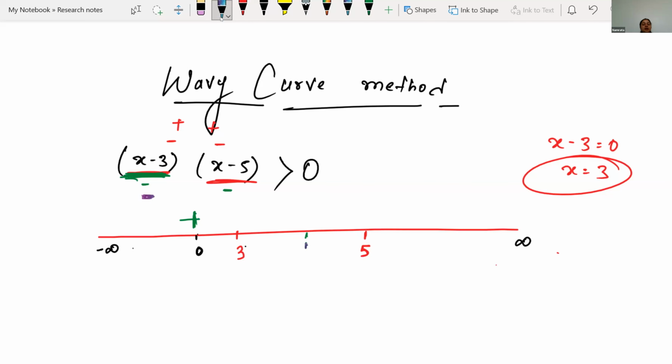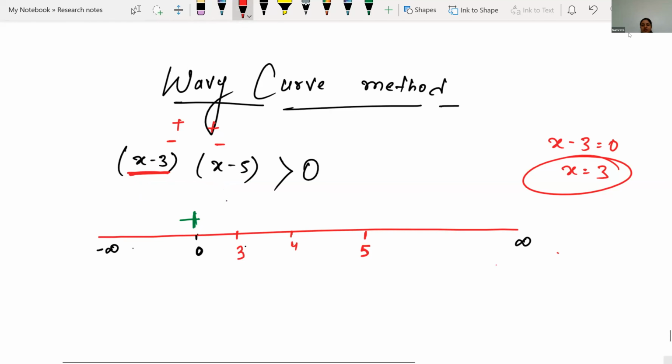Now the second bracket will also give you negative or positive. Why are we taking 1? Just a moment. In between 3 and 5, 1 is not there. In between 3 and 5, we can take 4, right? Yes, ma'am. Are you getting it? Any confusion?